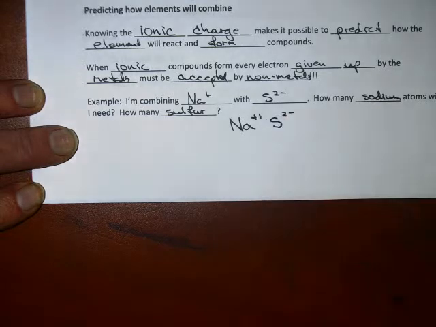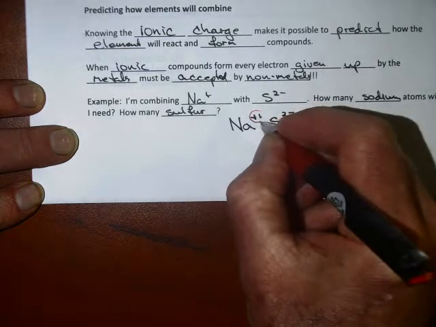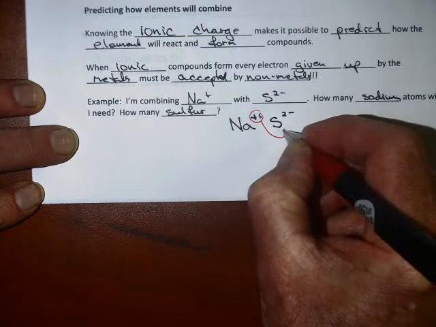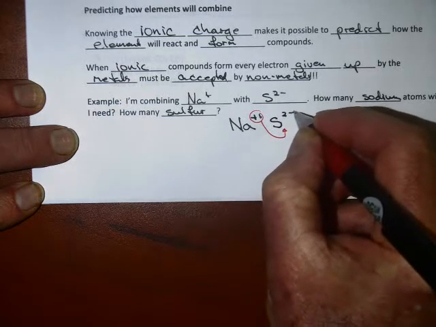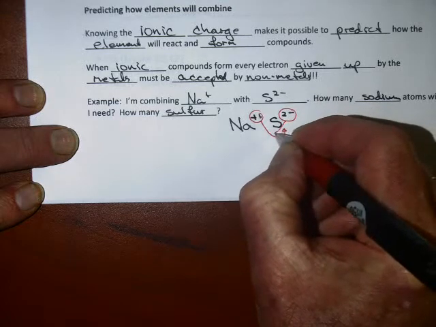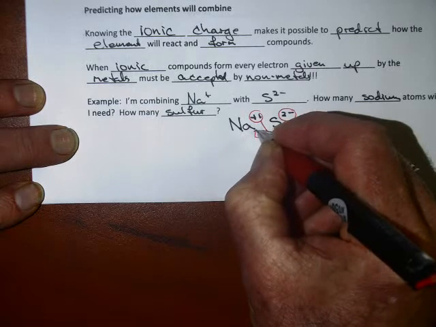So how you do this is the cheat, it works most of the time, is you take this number and you put it there. Then you take this number, jump over the line, and you put it there.